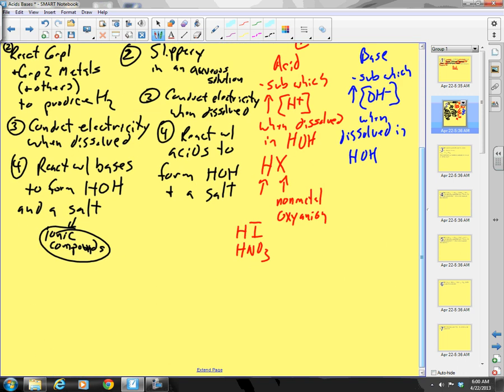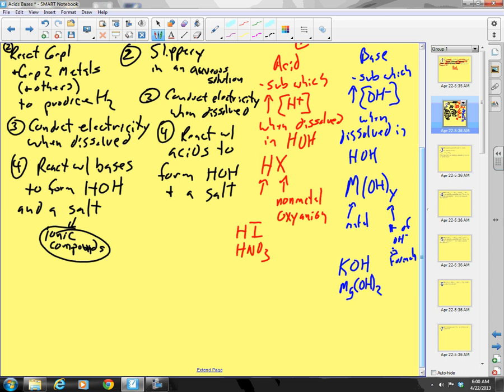The general form is going to be M(OH)y, where M is a metal and Y is the number of OHs in the formula. That makes more sense when you see an example. I can have KOH, or maybe Mg(OH)2.